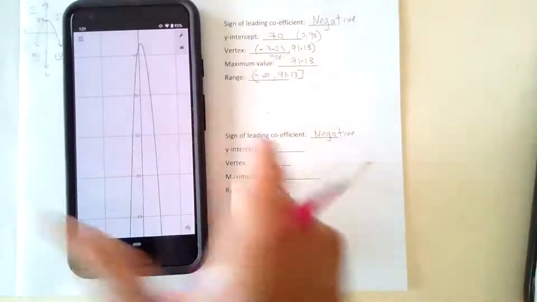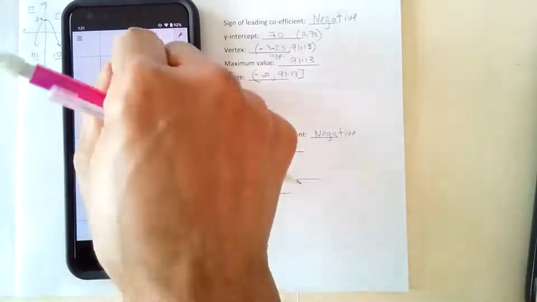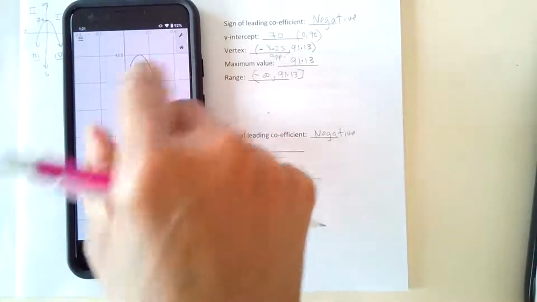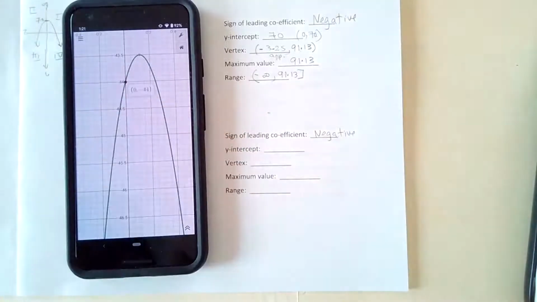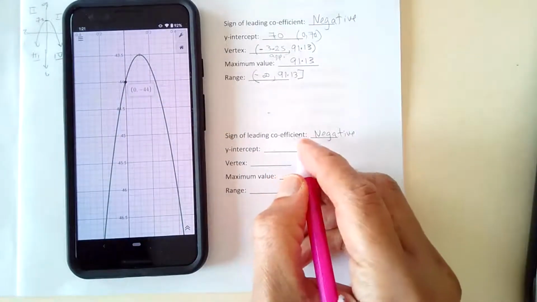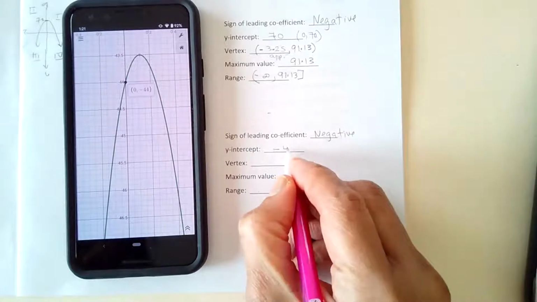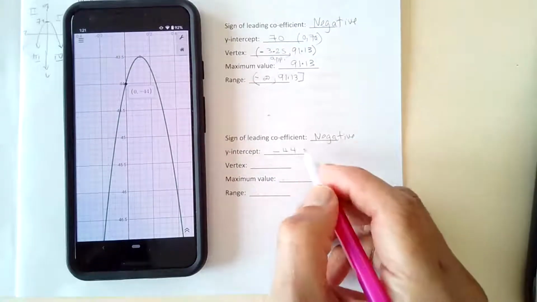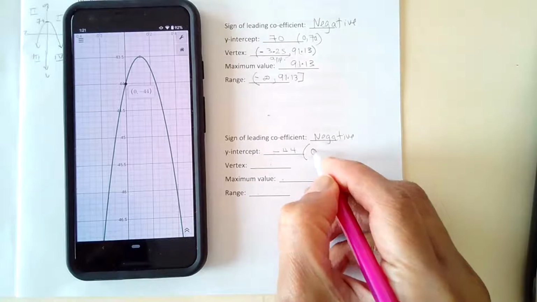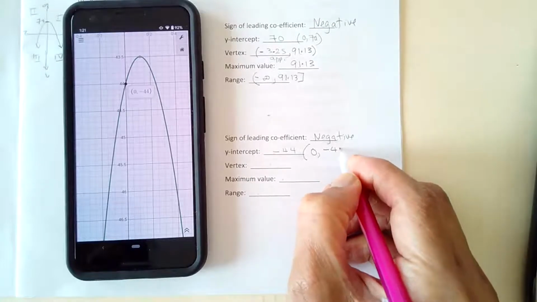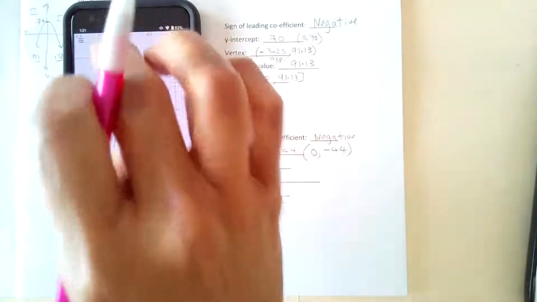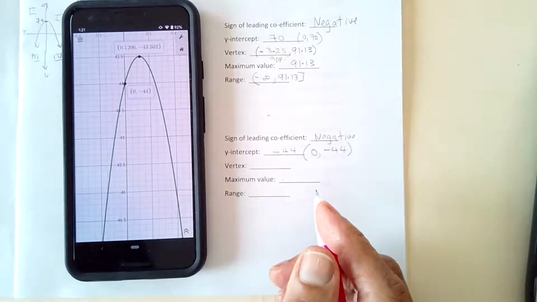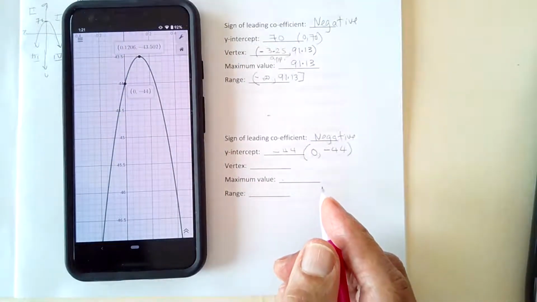Now we're going to define your y-intercept. I'm going to pinch to zoom in on my y-intercept tab. It's -44. So it crosses the y-axis at (0, -44). The vertex tab, it's -0.12.